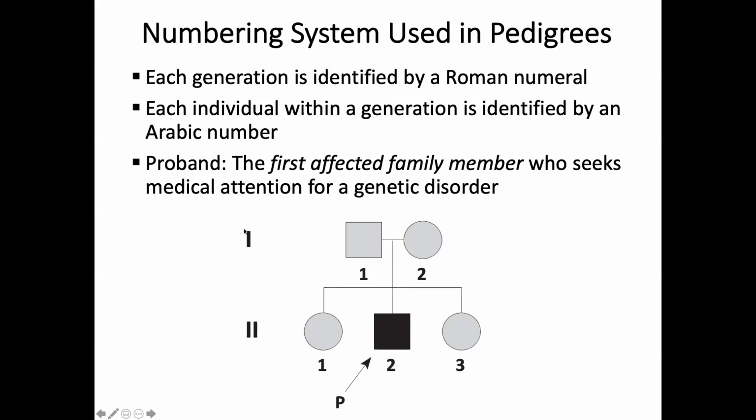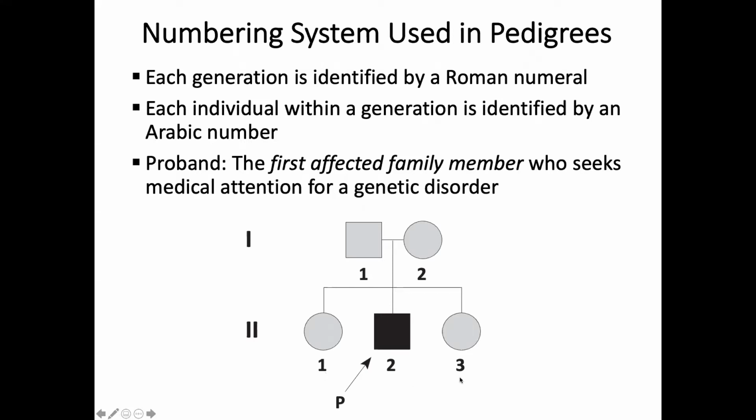Here in generation 1, a male and a female mated, and they had 3 children in generation 2, 2 daughters shown in the circle, and 1 son shown in the square. Each individual within a generation is identified by an Arabic number 1, 2, or 3.